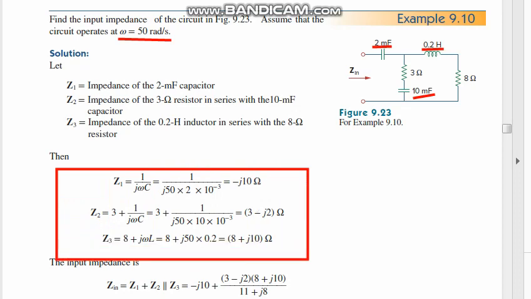Z1, as we know, is the capacitor, 1 by j omega C. Z2 is series, 3 ohms plus 1 by j omega C, and Z3 is another series impedance, that means 8 plus j omega L. Here the omega is 50, you can see here j omega.